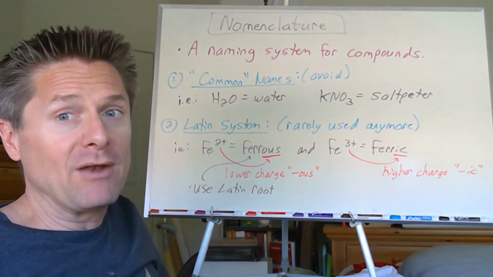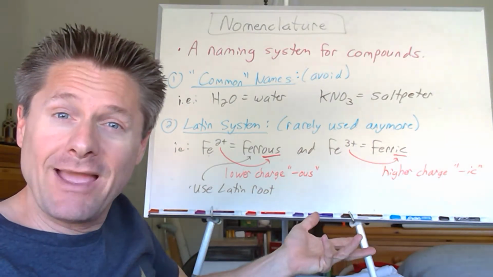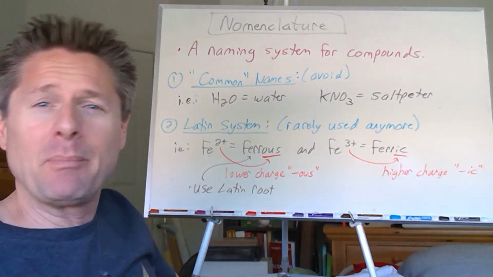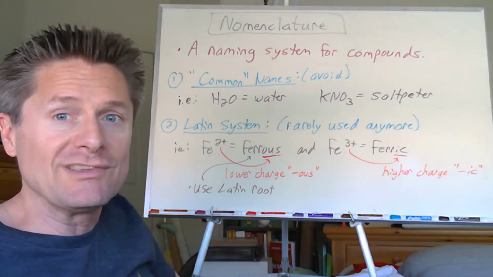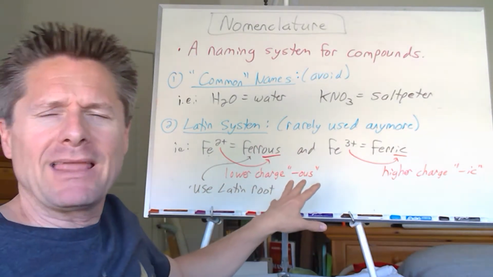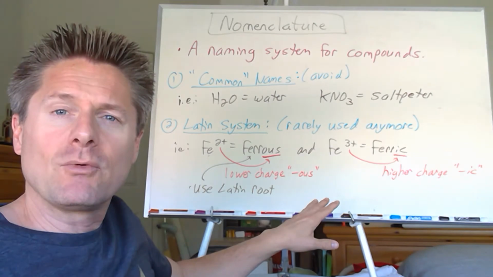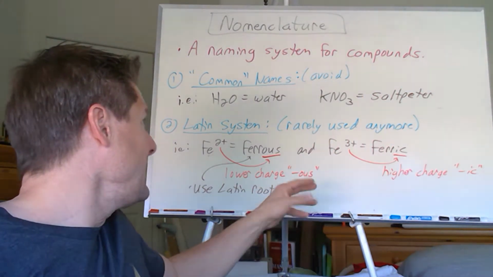Well, we have a better system now, but back in the day, a lot of people spoke Latin, right? So that kind of lingered up until the 60s and 70s and early 80s and has slowly been phased away by the new system we're going to learn on the next board. But in the Latin system, I'm not going to test you on this. You'll never see it on my exams or quizzes, but it may pop up if you're reading some older literature and whatnot.